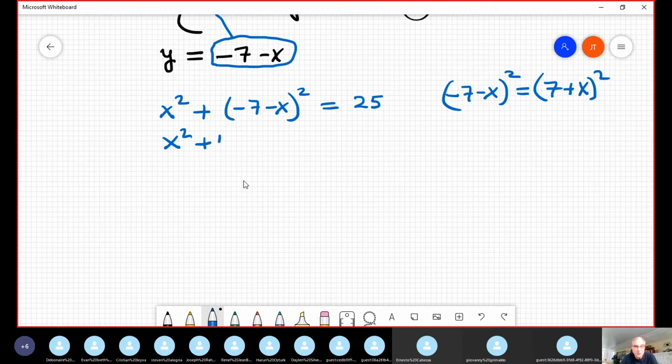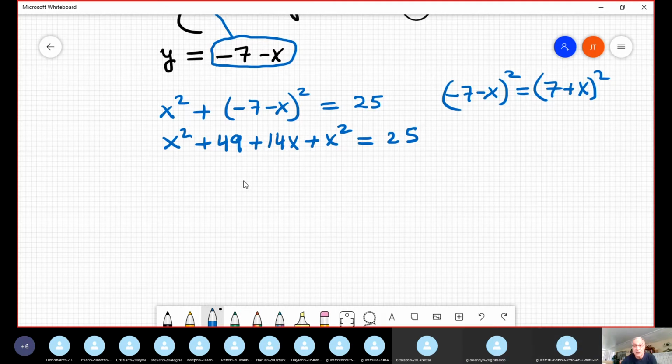So square the first: 49, which comes from 7 squared. Plus, remember, they are twin brothers, so it's twice: twice is 14, 14x, plus x squared equal 25. So far, it's okay? Everyone follow me?